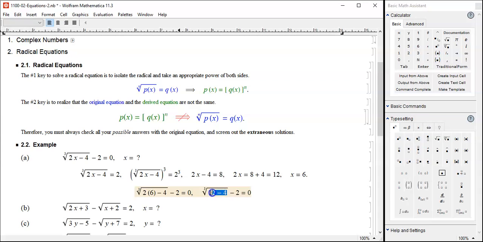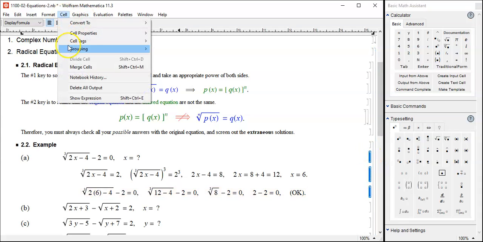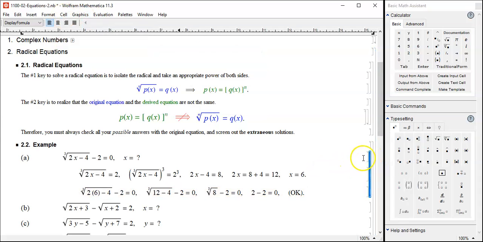Let's copy and paste one more step. 12 minus 4 is 8. Cubing root of 8 is 2, so 2 minus 2 equals 0. Okay, so that's a solution. Alright, that wasn't too bad. But this is not exam worthy.